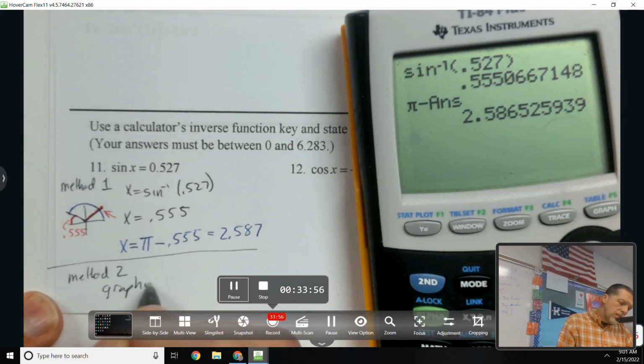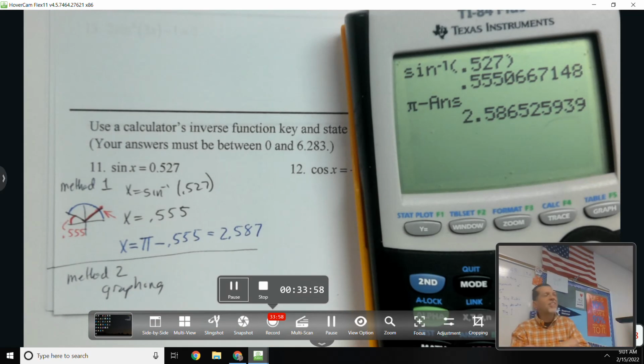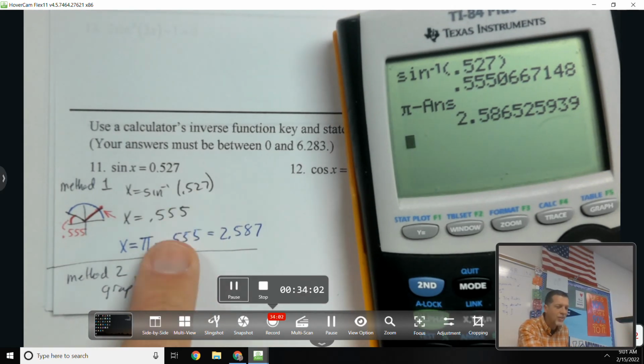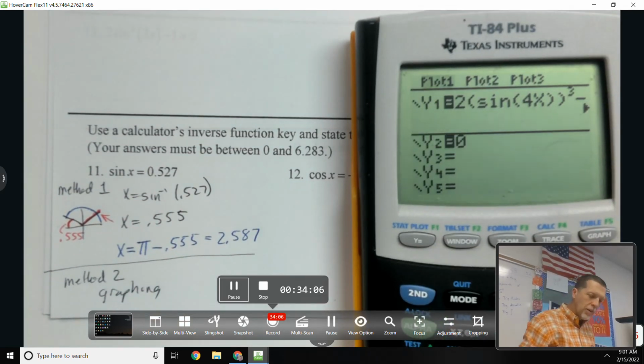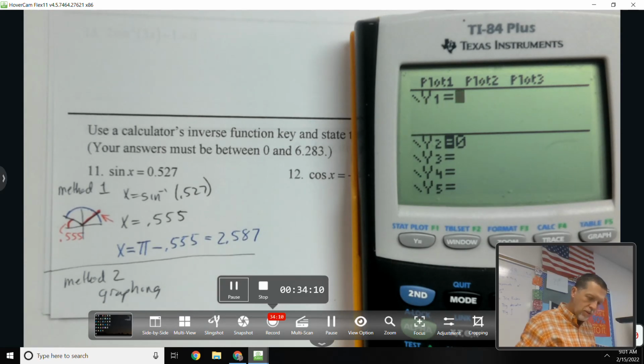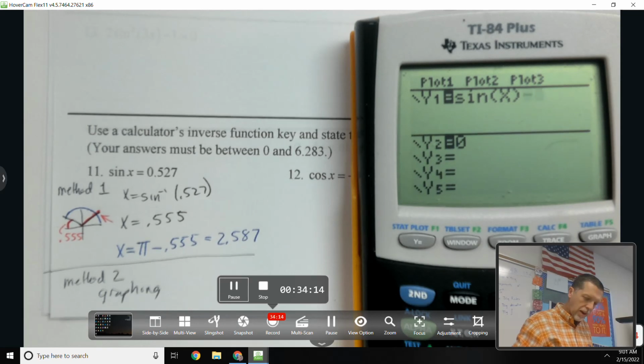So it's like, well, which way is easier? Well, if you can think about it, it's quicker to do this, but that's a lot of thinking. If instead you want to use the calculator method, then you would do sine of x, this is what we did yesterday, minus 0.527.